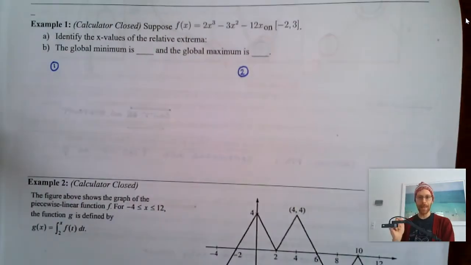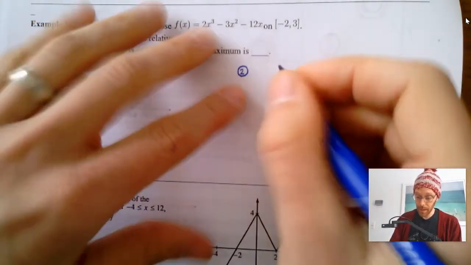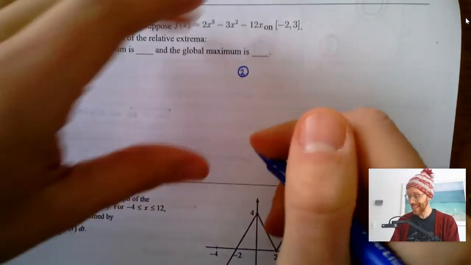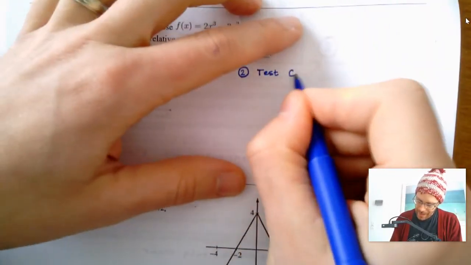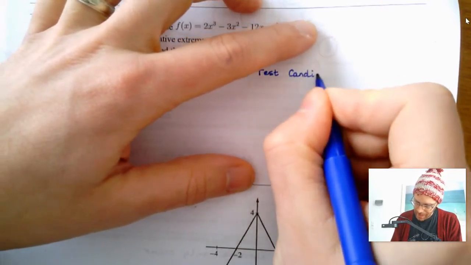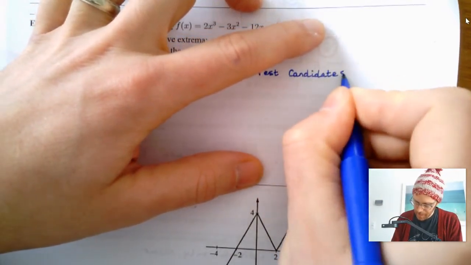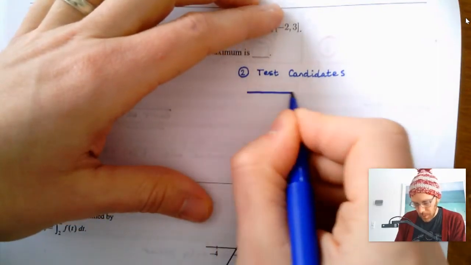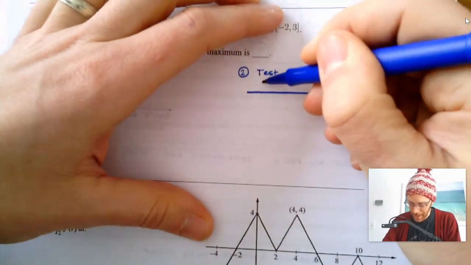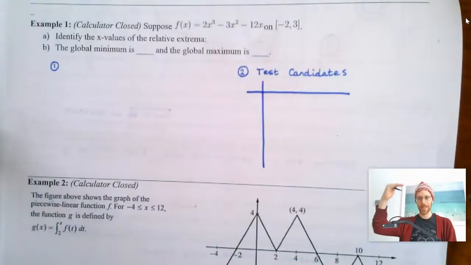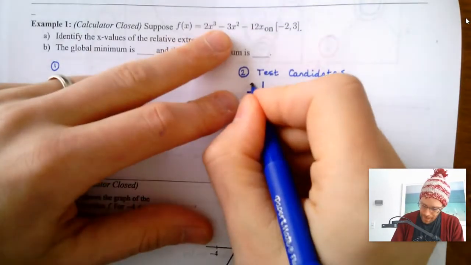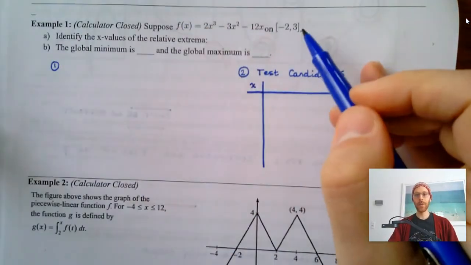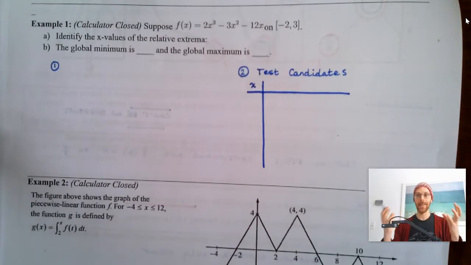I'm actually going to begin by talking about step 2, because I think that it will make step 1 make sense. Step 2 is to test the candidates. Sort of like an election. In this election, you want to figure out who's the best, who's the maximum, and who's the worst, who's the minimum. But keep in mind that between -2 and 3, there are infinitely many x values, and we can't test all of them.